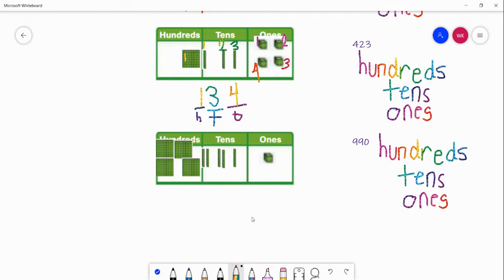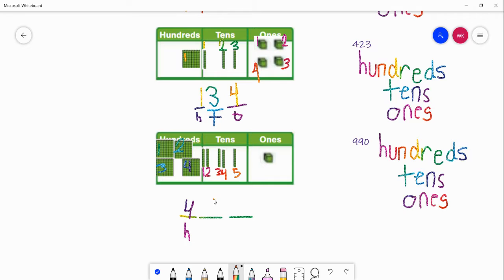All right, and our last one, I'm going to put our place value down here first. We have 100 right here, 200, 300, and 400. So in our 400 place value, we are going to put 4 right there in our hundreds. Now let's look at our tens. We have 1 ten, 2 tens, 3 tens, 4 tens, and 5 tens.